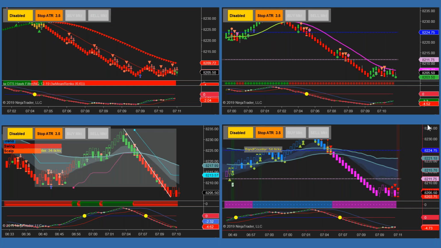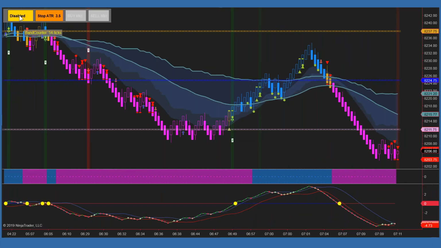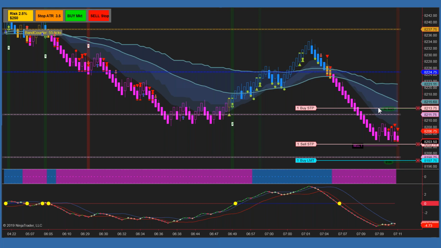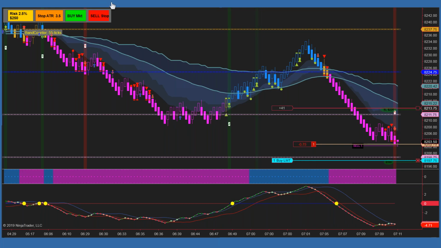All right, here's my #1 signal. Problem with this trade will be stop placement. Not so much direction, but stop placement, because the market's probably going to make more of a reaction to this breakdown.